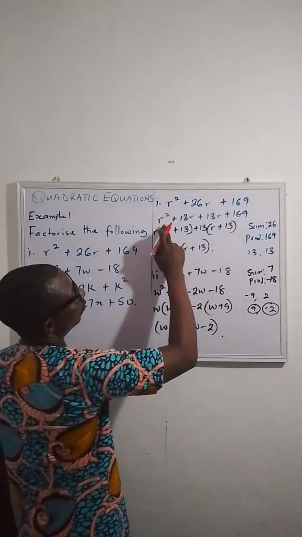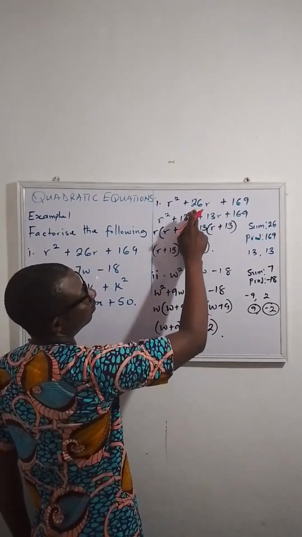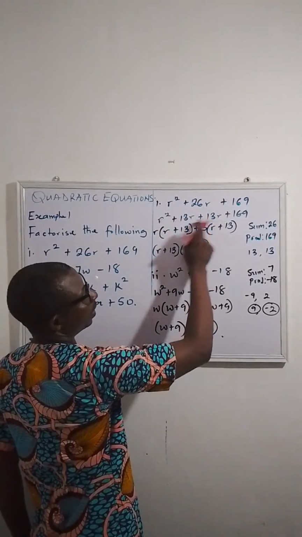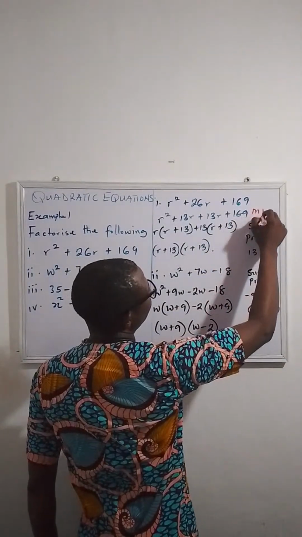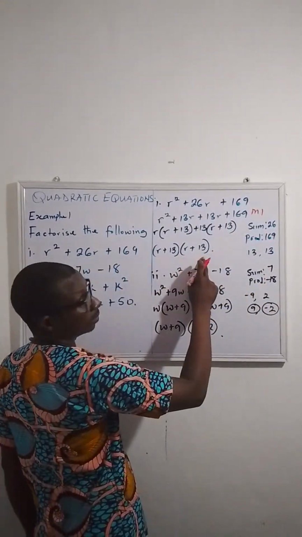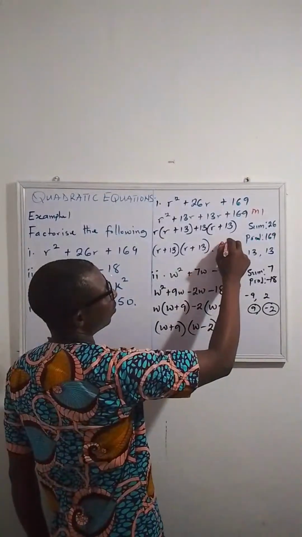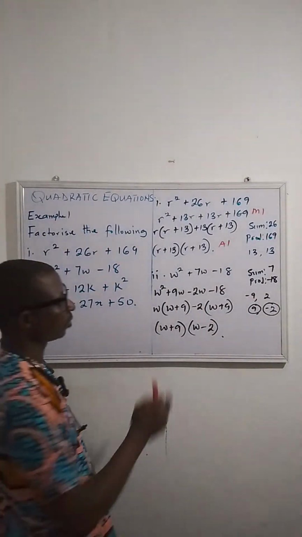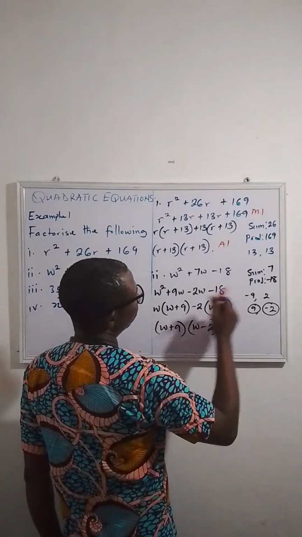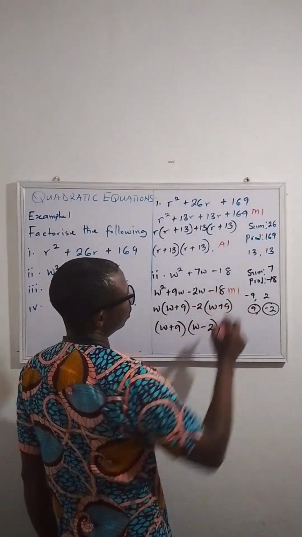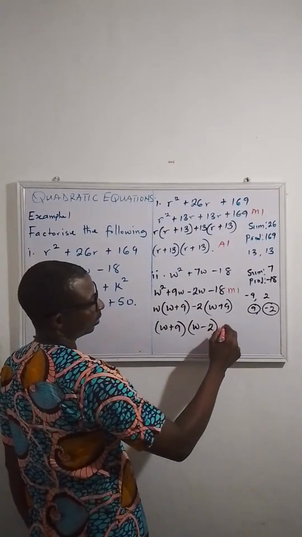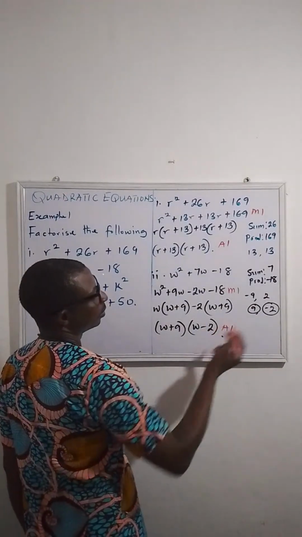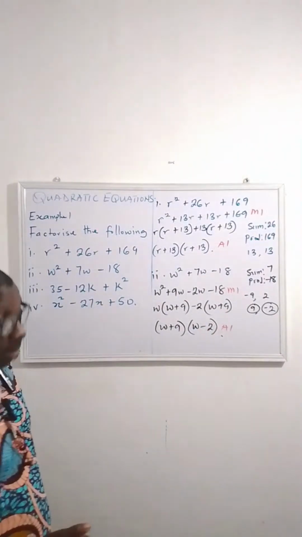For dividing this into two parts like this, there will be a method mark for that. And for getting the correct answer, we have A1. The same thing also applies to this. So M1 for this and A1 for the answer. So that's how marks will be awarded.